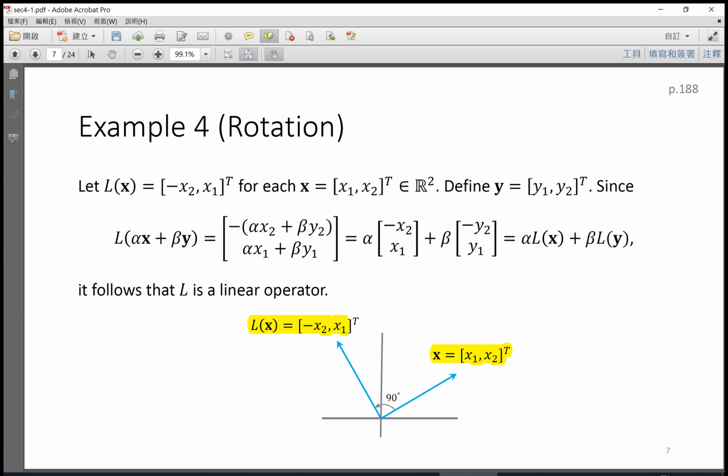Hence, L is a rotation operation in the R2 plane. We know that the rotation operation only changes the direction of x, but the length of x does not change. In fact, it can be shown that any rotation operation in Rn is also a linear transformation.